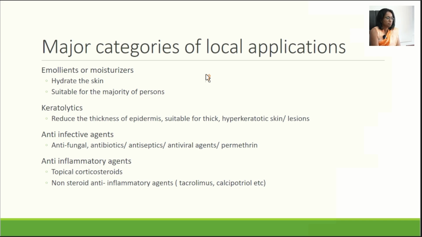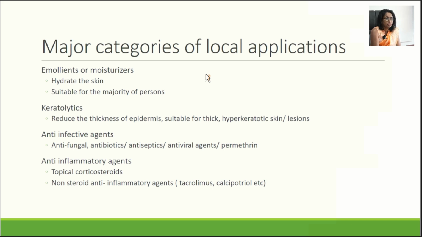Then the addition of keratolytics, which reduce the thickness of the epidermis, are suitable for thick or hyperkeratotic skin or hyperkeratotic lesions. This can be achieved by the addition of urea or salicylic acid or both, and also coal tar in the case of conditions like psoriasis. And also the addition of salicylic acid to steroids.